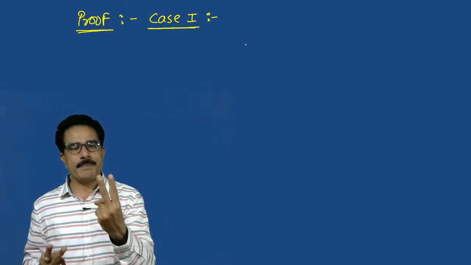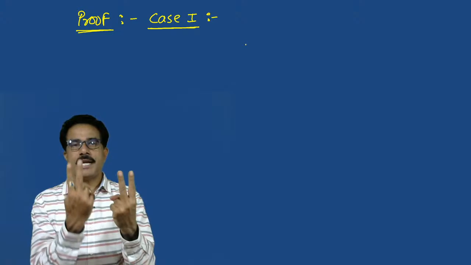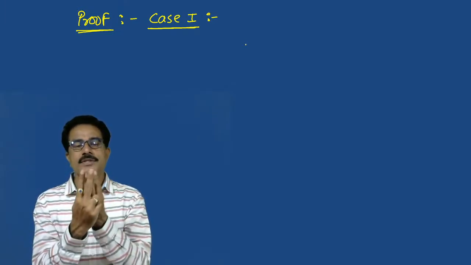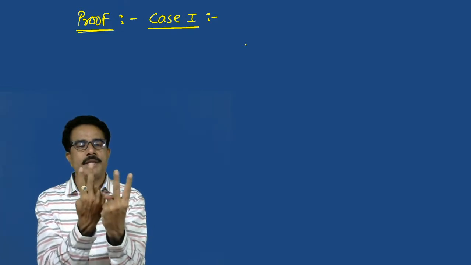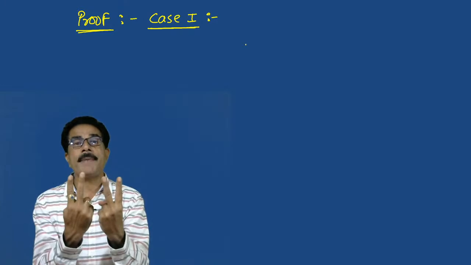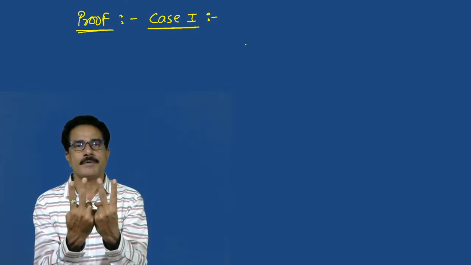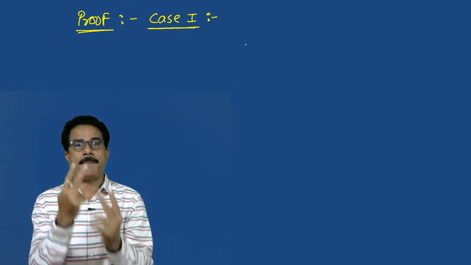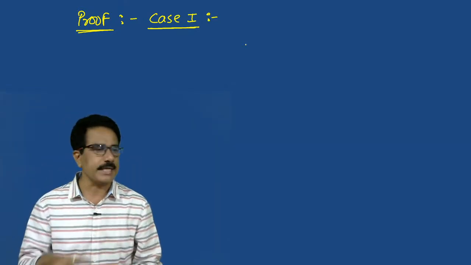Suppose this is one couple, this is another couple, this is F1 minus F1, this is F2 minus F2. If they act like this, all are parallel to each other. Direction may be different, but all 4 forces are parallel to each other. This is the second case.